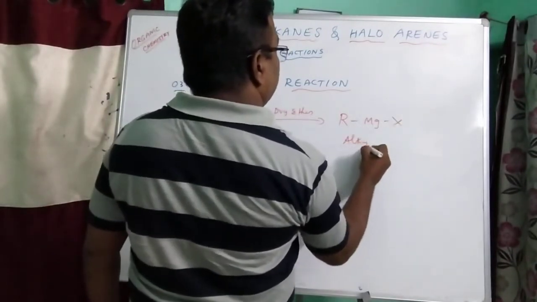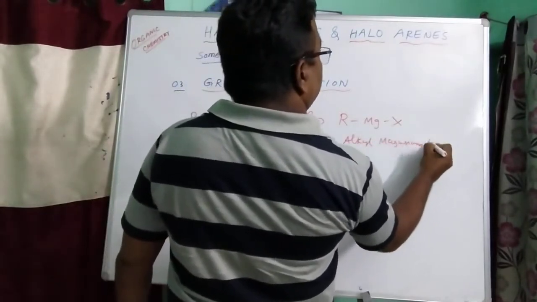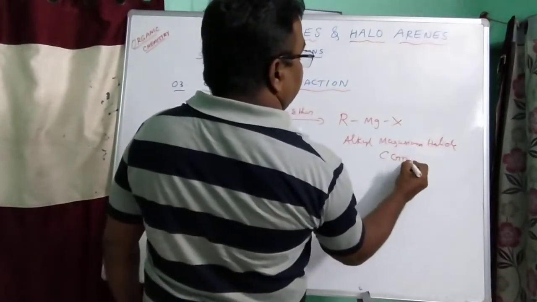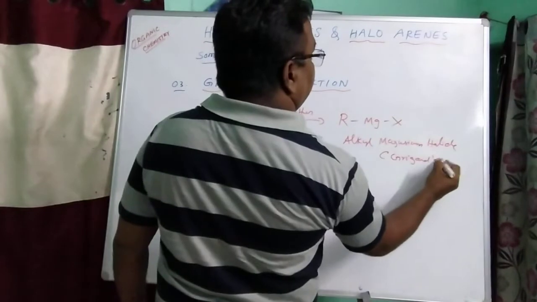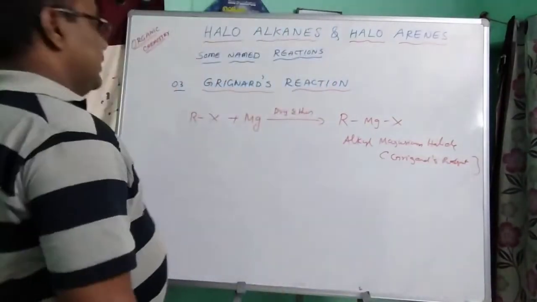R means alkyl, Mg means magnesium, X means halide. Alkyl magnesium halide is known as Grignard's reagent. So this reaction is known as Grignard reaction.